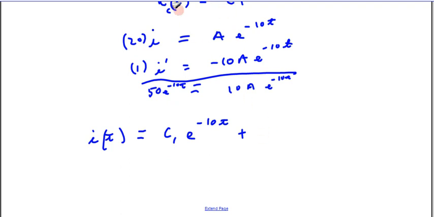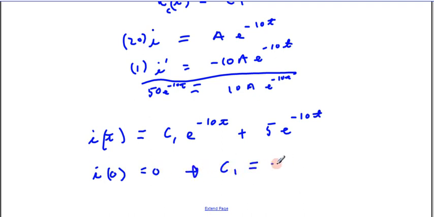All right, so I got 5 e to the minus 10t. Now, I at 0 has to be 0, so that implies C1 has to be minus 5.